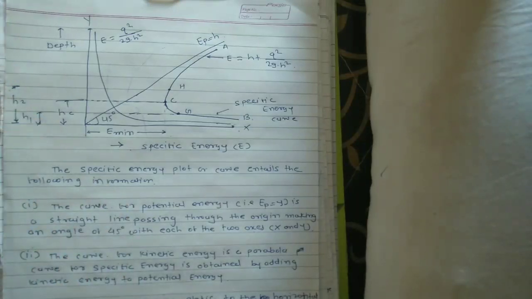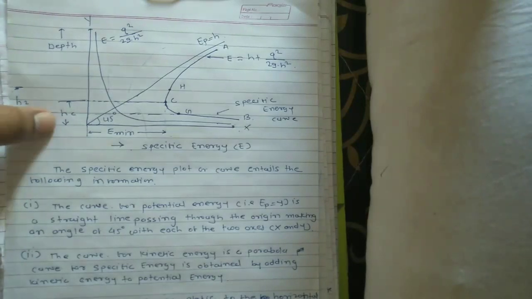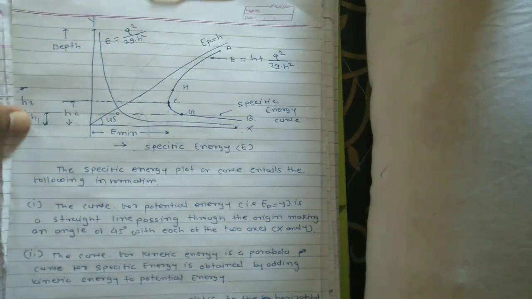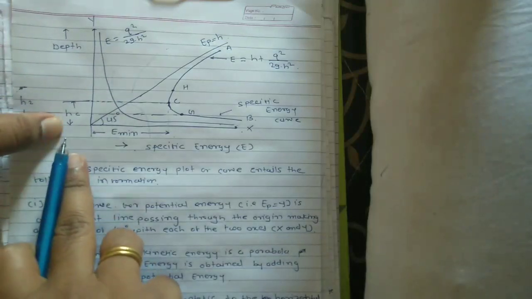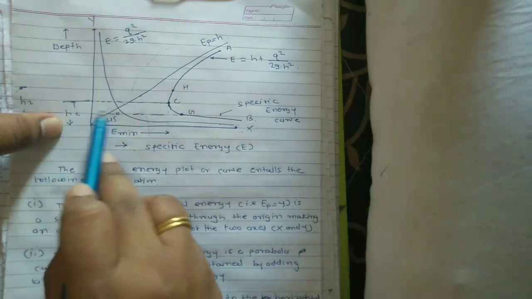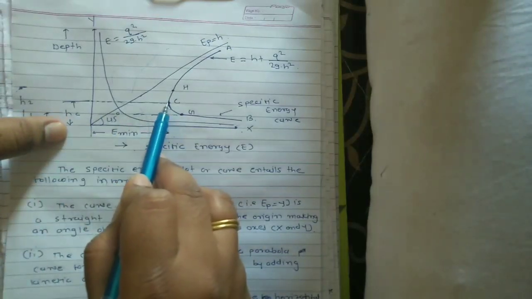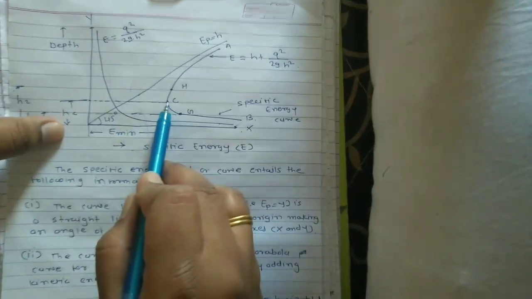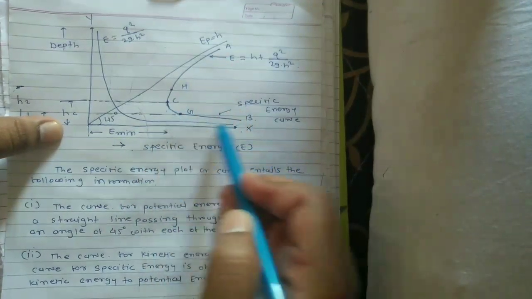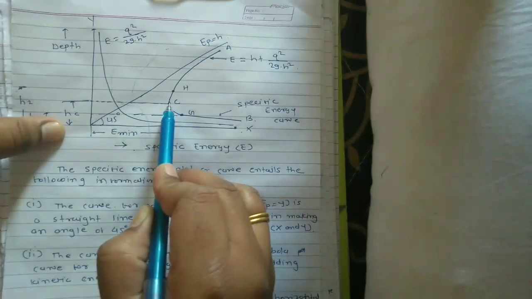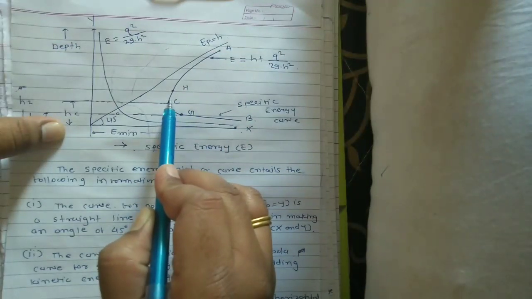Now in this, you see some terminology: hc is there, h1 is there, and h2 is there. Now what is hc? hc is the critical height. If you observe, it is the height of this point c from the x-axis. Now if you observe this point c on your specific energy curve, at this point c the specific energy is minimum.